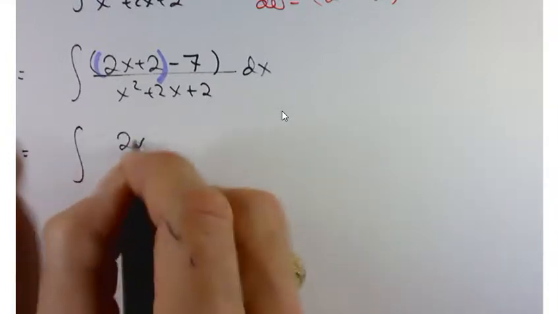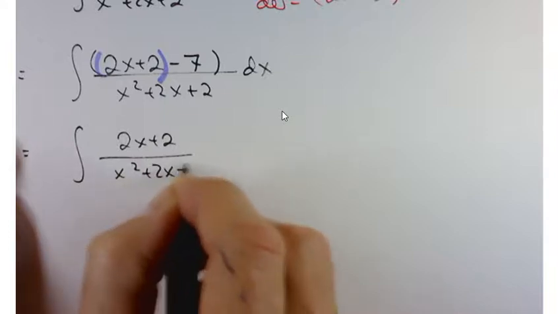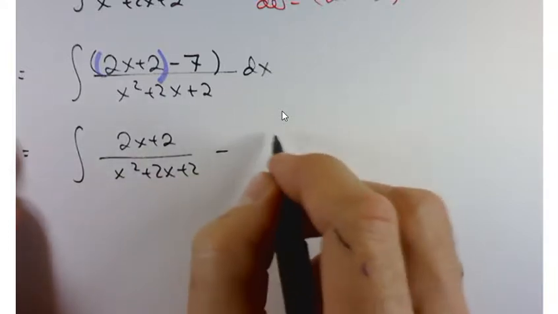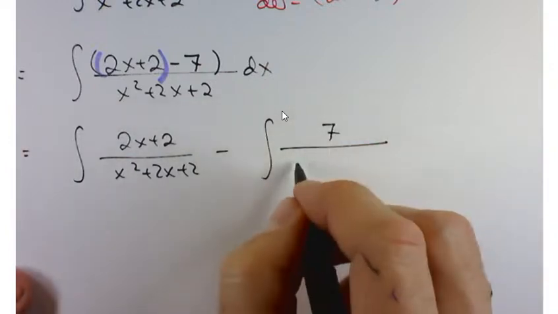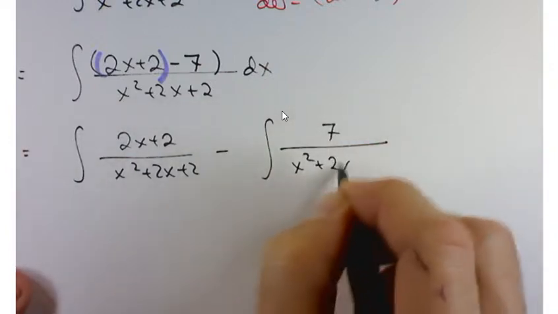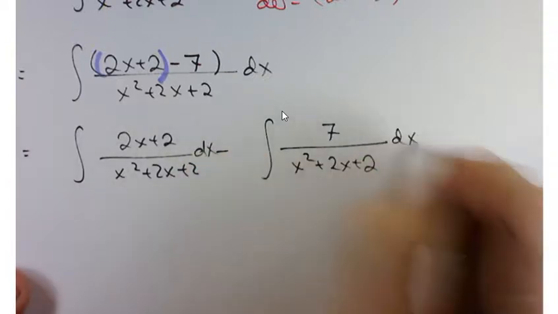So the integral of 2x plus 2 over x squared plus 2x plus 2, minus the integral of 7 over x squared plus 2x plus 2, and I should have a dx on both of these.